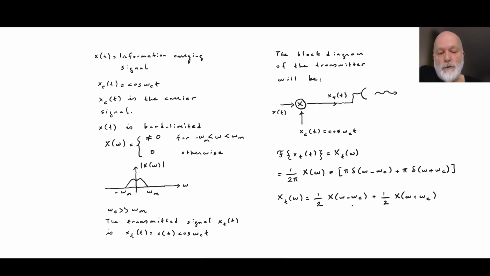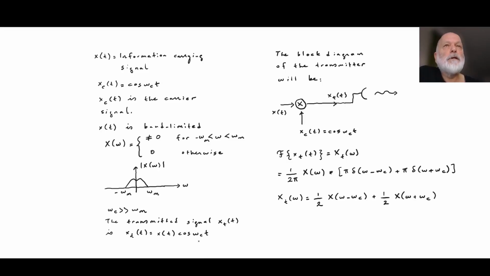So you choose your carrier frequency omega c such that the corresponding wavelength yields a feasible wavelength, in the sense that we are going to have an antenna with a feasible physical size.